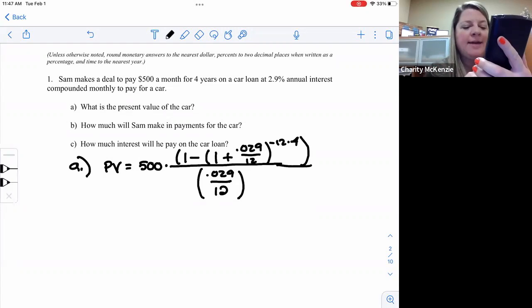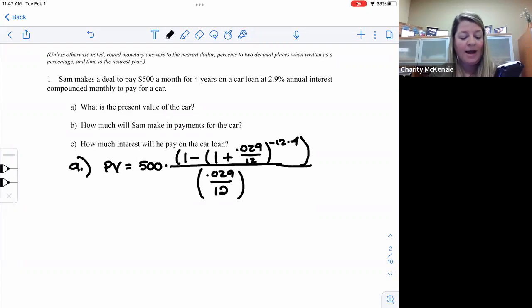So I'm going to go, okay, 500 times parenthesis 1 minus parenthesis 1 plus 0.029 divided by 12 to the power of negative 12 times 4. And some of your calculators, you're going to need the parenthesis there as well, around that exponent. And end your parenthesis around that whole thing, divided by another parenthesis, 0.029 divided by 12.